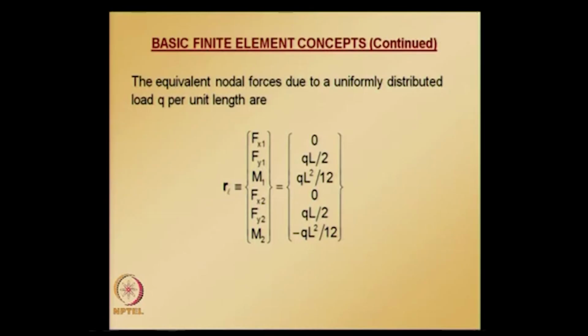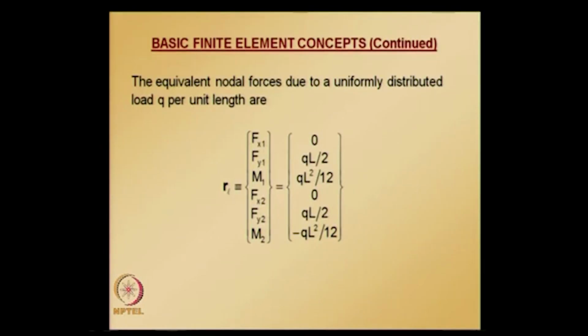So, we have the element equations for a frame element in the local coordinate system, but usually this frame element will be arbitrarily oriented in space if you take any structure. So, we need to look at the transformations. For proper assembly, a global xy coordinate system is chosen for the entire frame.